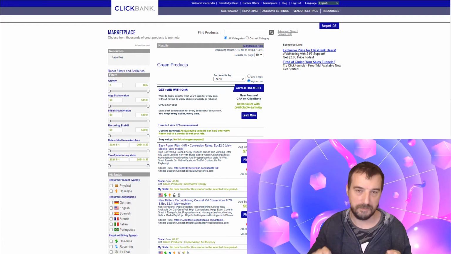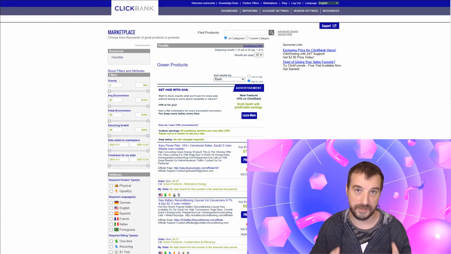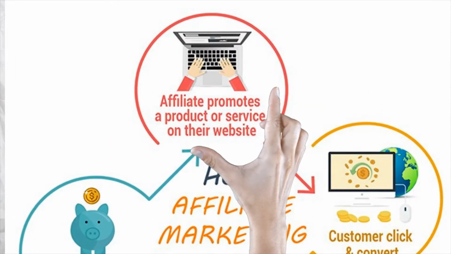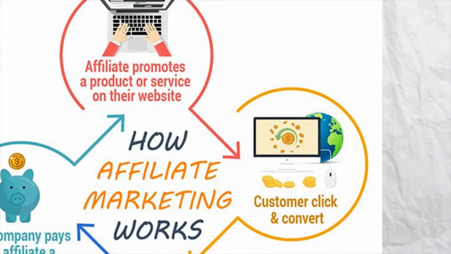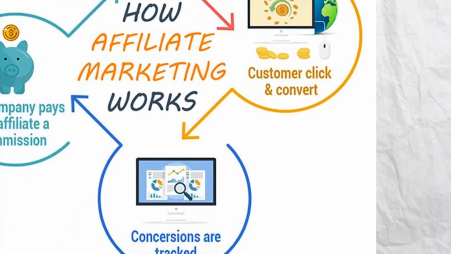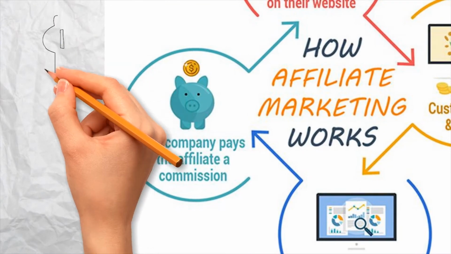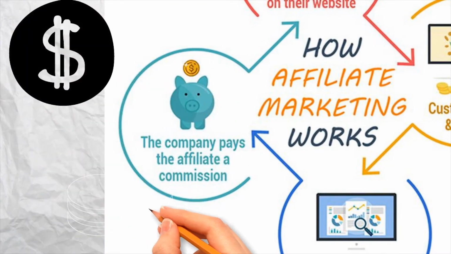Let me explain in short, in my animation masterpiece, how affiliate marketing works. You, as an affiliate, have your blog or some paid ad which leads customers to an affiliate link where they click and buy, and after that you make some commission.